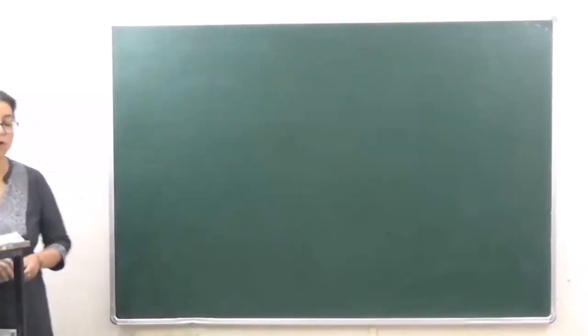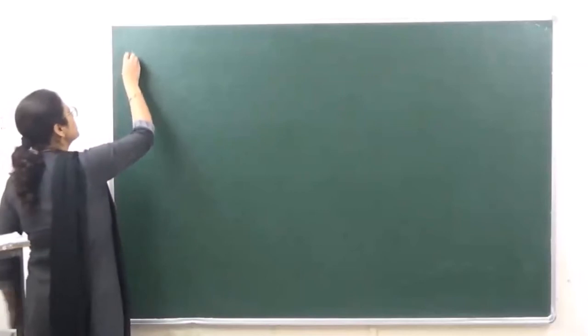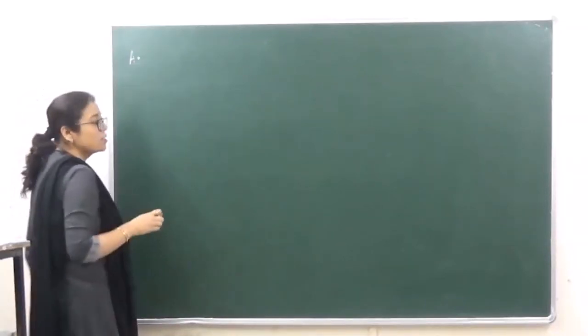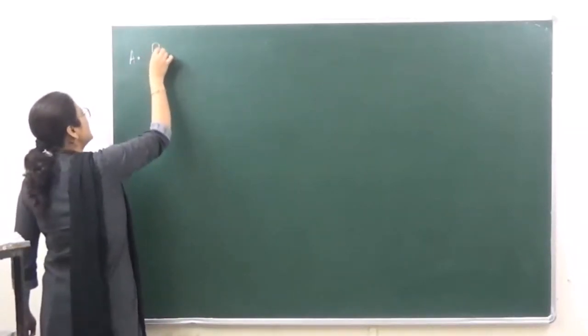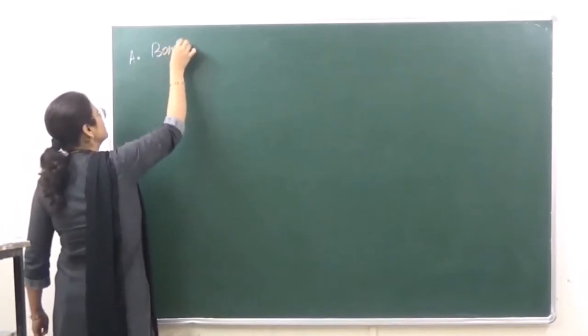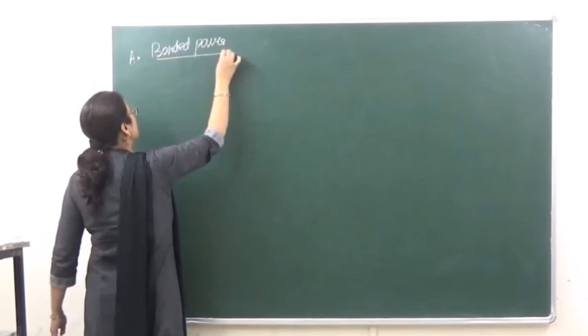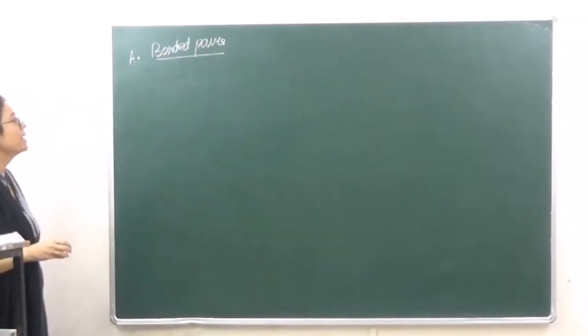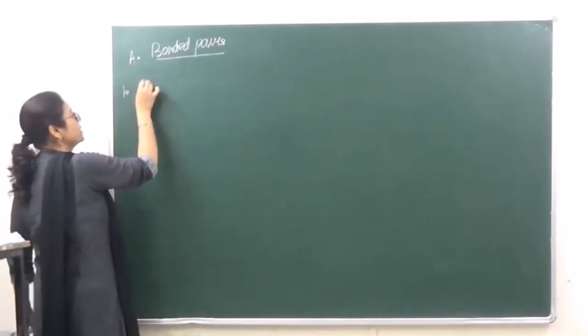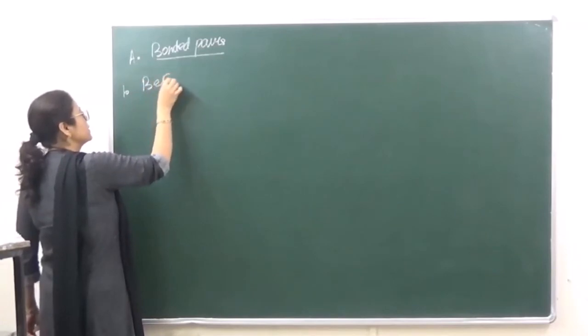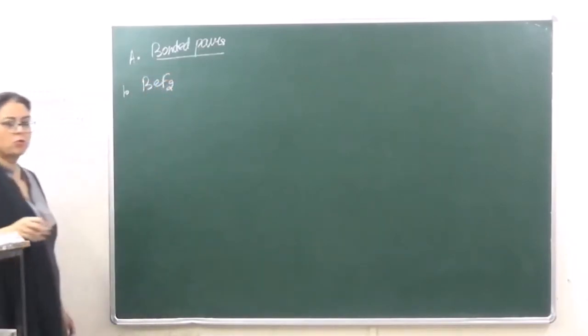Okay, so the first type of molecules which we are going to discuss are those which have only bonded pairs, right? So the first molecule over here, that is BeF2.